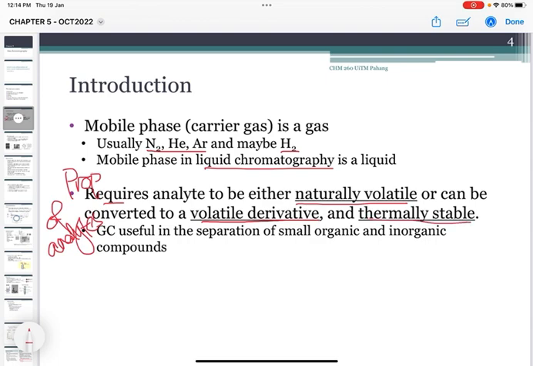Okay. So what does it mean by naturally volatile? Naturally volatile means that it is vaporized. Normally, something that has smell is a volatile. Yang paling senang kalau kita isi minyak kan, memang kuat sangat bau dia. Kalau kita isi petrol kereta kan, minyak kereta, bau dia kuat sangat.